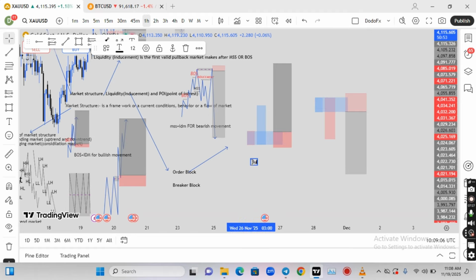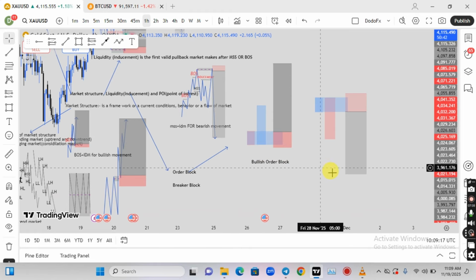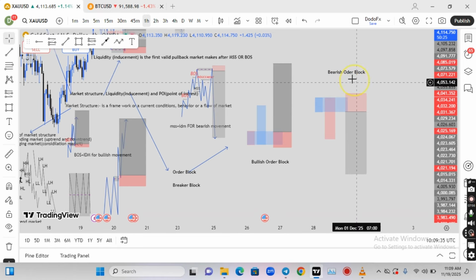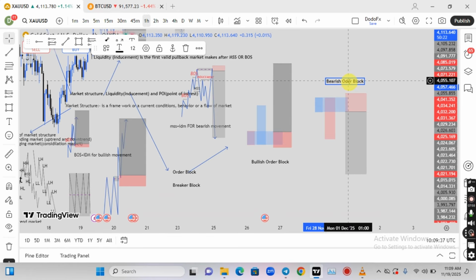Bullish order block, and we have the bearish order block.